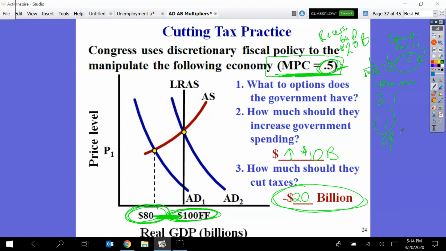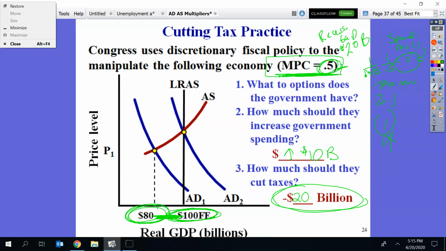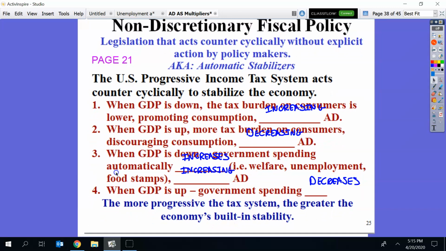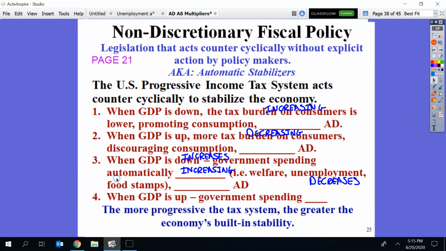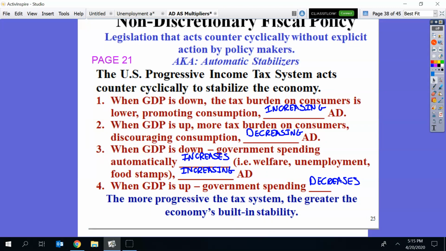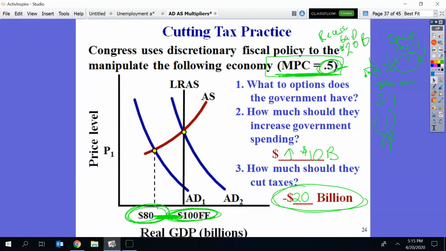Here, the multiplier is 1, so you need a full $20 billion of tax cut to get $20 billion of increased consumer spending. We'll do a little more practice with that in the last video.